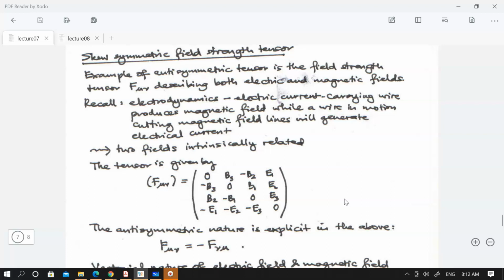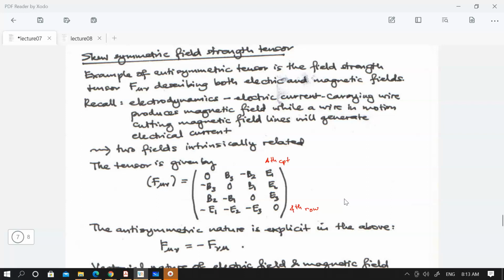Essentially it's given by this matrix, and you can see that, if you remember that your last component is your fourth component, this is the fourth column and the fourth row, and they are related to your electric fields.